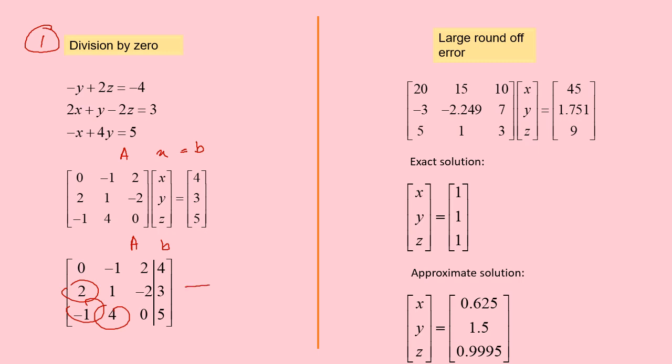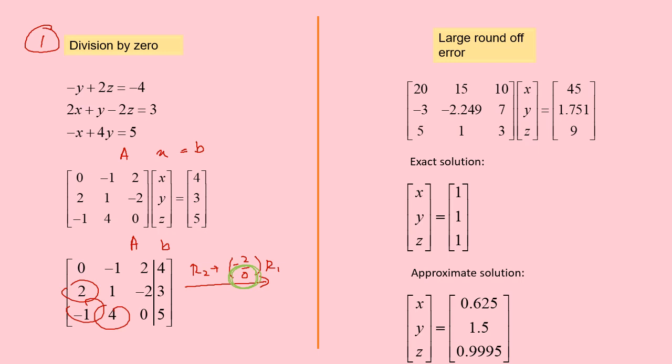So the formula for the first step of row elimination is R2 plus minus 2 divided by 0 multiplied with R1. From here, we can see the bottom part of our fraction is equal to 0. So what happens if we divide by 0? We cannot do the calculation.